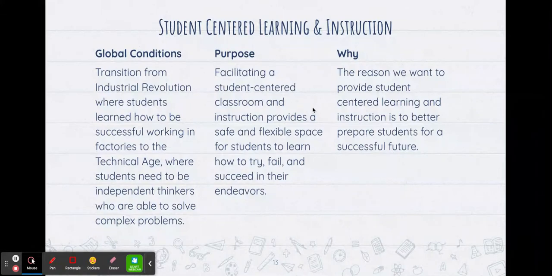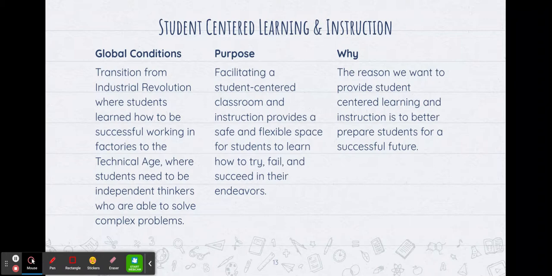So to wrap up, I wanted to go over really quickly some of the components of student-centered learning and instruction, the global conditions. Remember, we transitioned from the Industrial Revolution, which was a system where the learners were passive, and now we're moving into the student-centered learning environment where the students will be active participants.